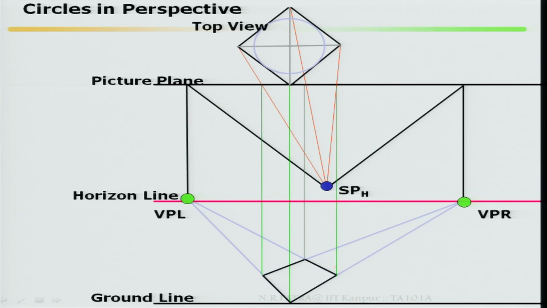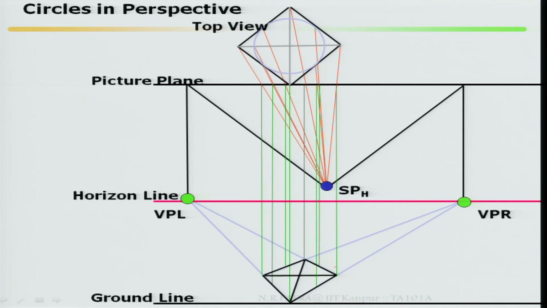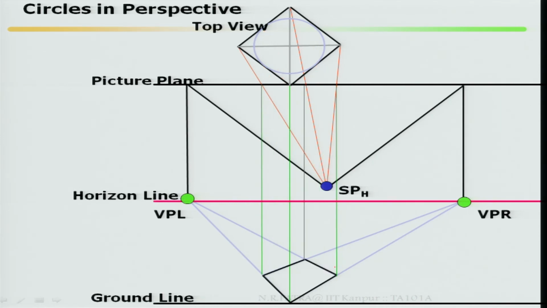Now, divide the inside, one by one, marking each point. I have just considered here, if you look, how many points on the circle I have considered: 1, 2, 3, 4, 5 points. You can divide it into any number of parts.